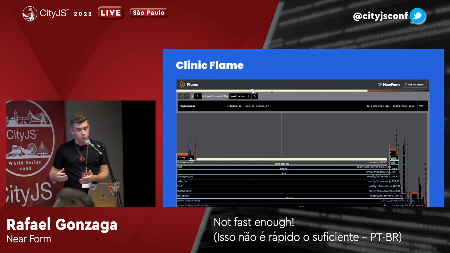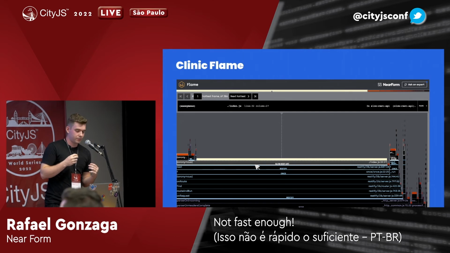Clinic Flame generates flame graphs from your application. It profiles the application and then shows which function is the bottleneck or aims to. For instance, in this example, you can read the flame graph like this: the x-axis represents the combined percentage of time that a function is spending on the CPU.